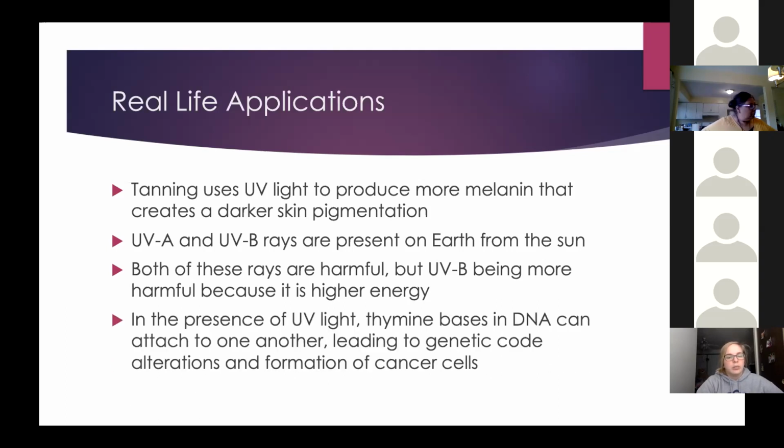And then in the presence of UV light, your thymine bases within your DNA attach to each other. And then they lead to a genetic code alteration. And then once that genetic code is altered, cancer cells can form. So that's how you can end up with skin cancer from tanning too much or too much exposure to the sun.